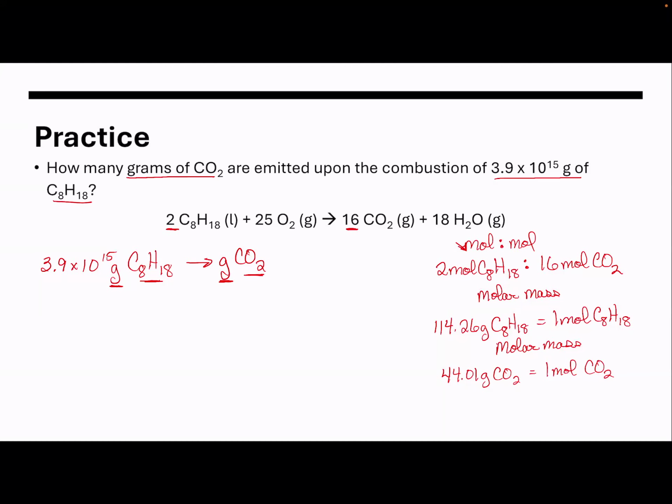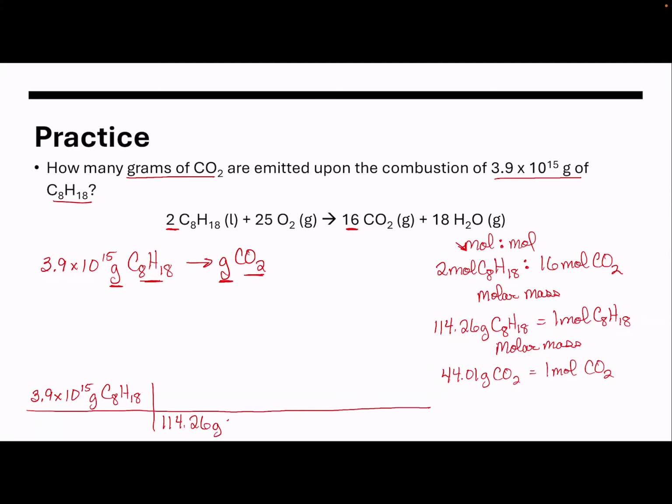Now, to begin with the math, I have 3.9 times 10 to the 15 grams of C8H18. My first conversion factor is going to need to have grams of C8H18. Therefore, I'm going to be using the molar mass of C8H18.